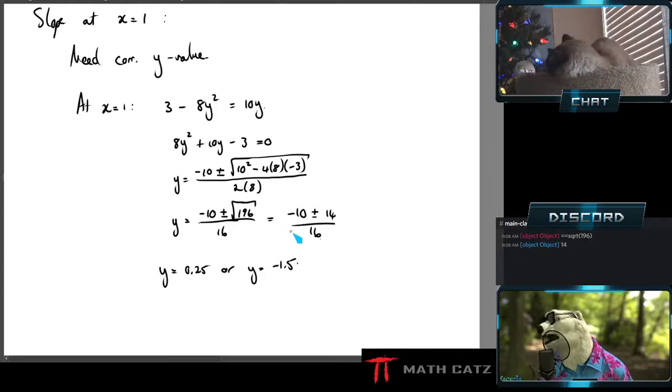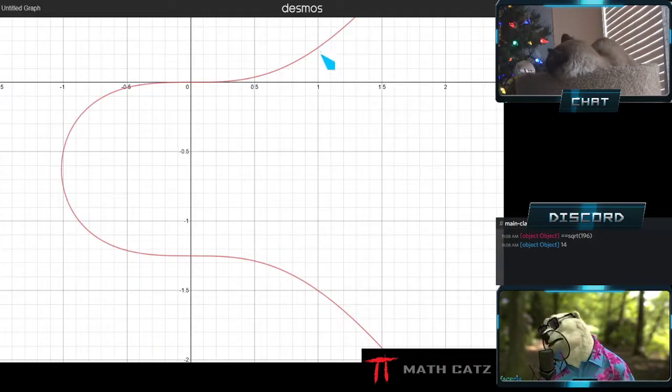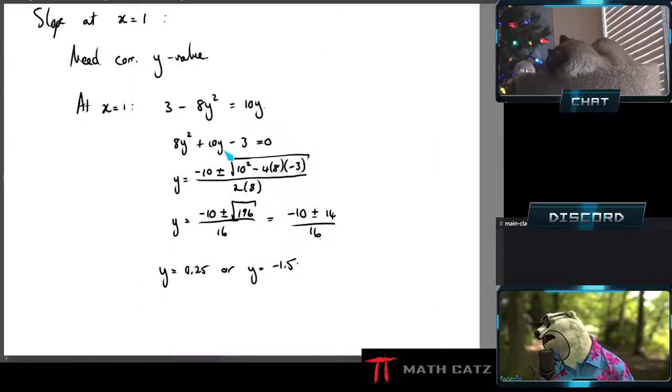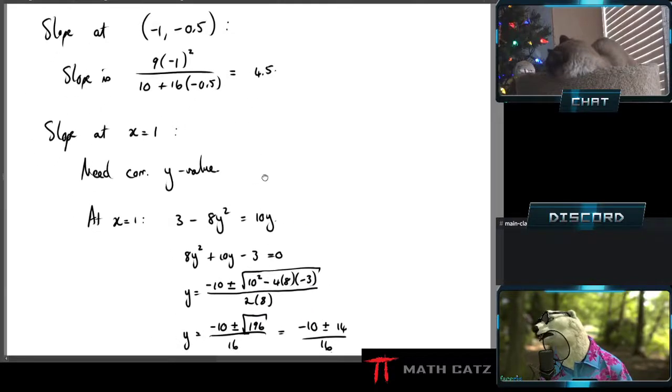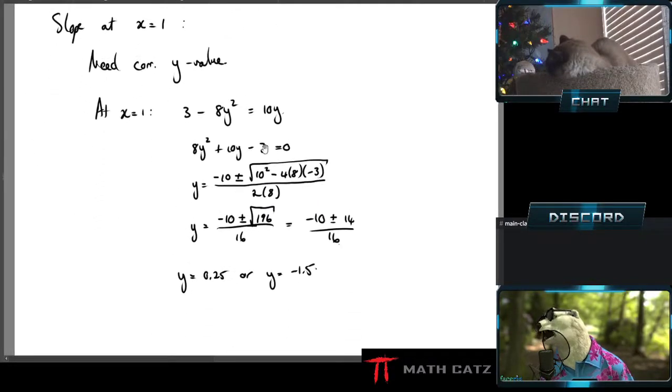And of course, it makes sense that I get two y values. It's this top one and this bottom one. It's not a function. For a single x value, I get multiple y values. So they would have had to specify which one do you want here? Oh, you want both. Okay.